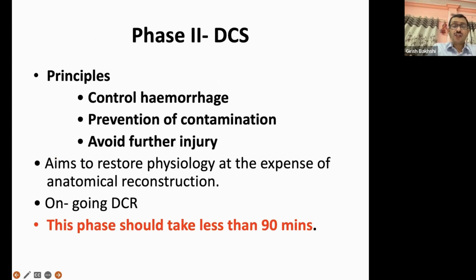Now, when the patient is taken in the OR, the surgeon knows very clearly that he's not going to do a definitive repair. He's not going to do resection of the intestines, or he's not going to do an emergency anastomosis. What he is going to plan is that he has to just control the hemorrhage. So whatsoever the vessel is bleeding, he will take a tie or a ligature, figure of 8.